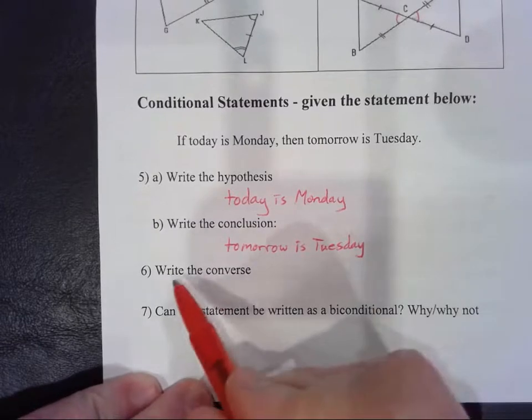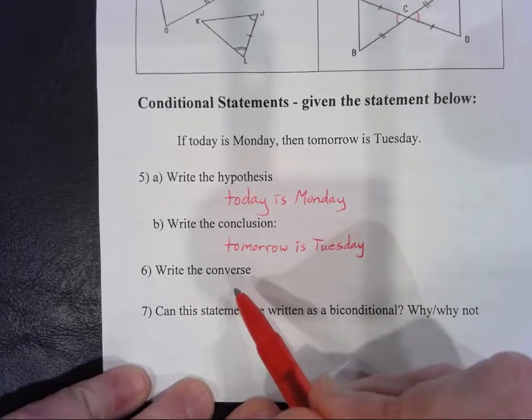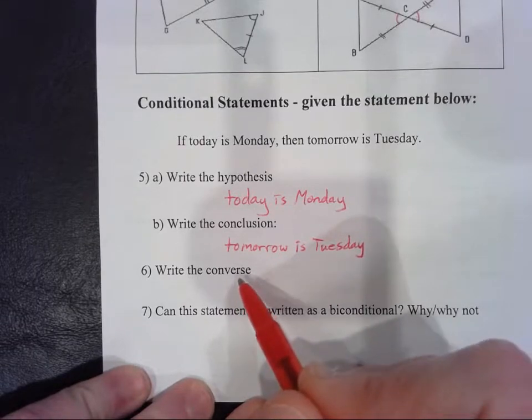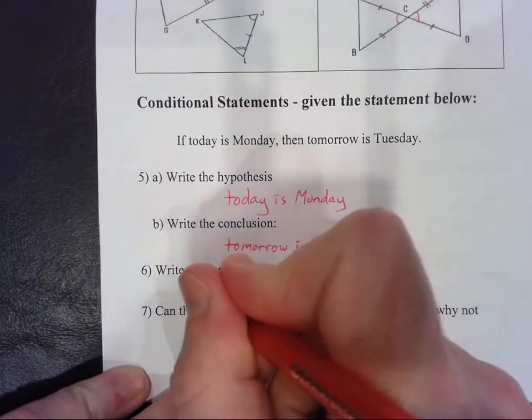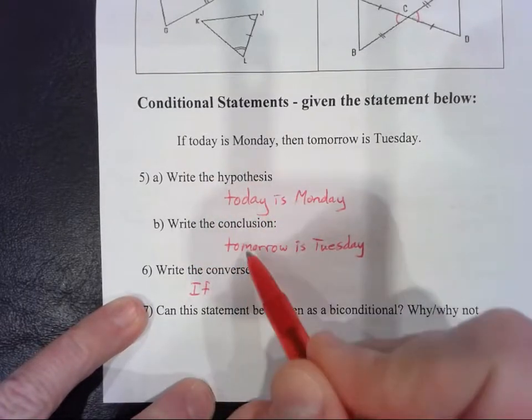Write the converse. The converse is when we switch the if and the then, we switch the hypothesis and the conclusion around. So we keep if, but now instead of today is Monday, we start with tomorrow is Tuesday.